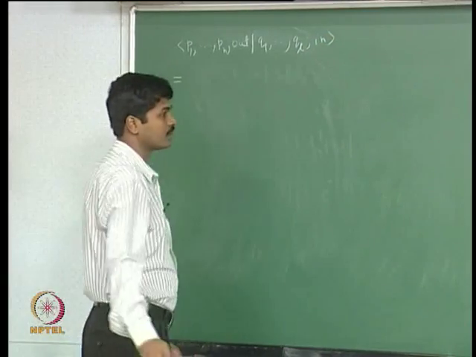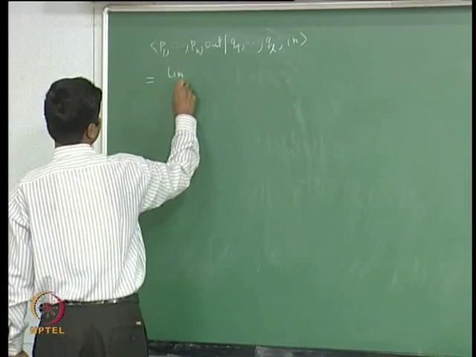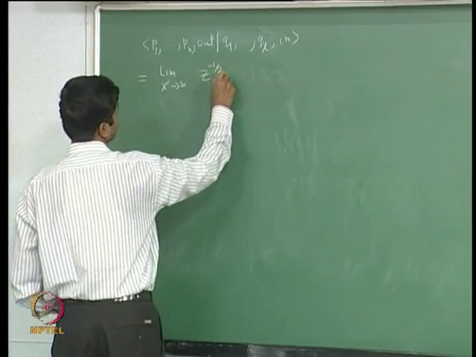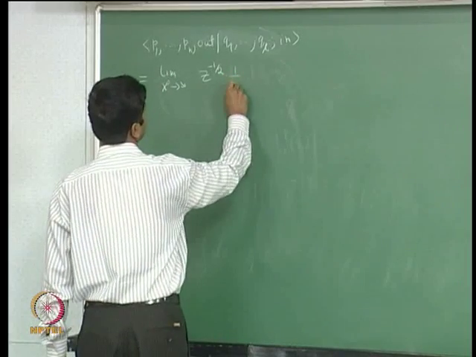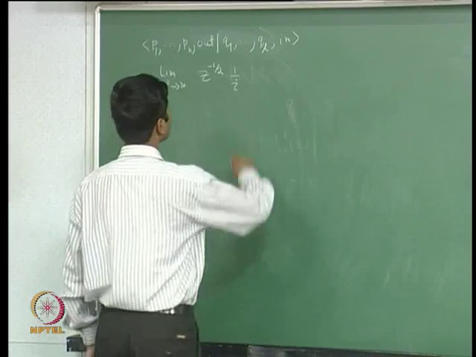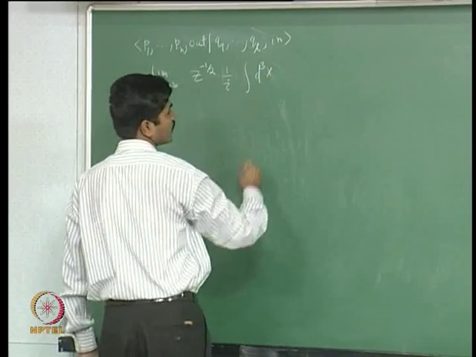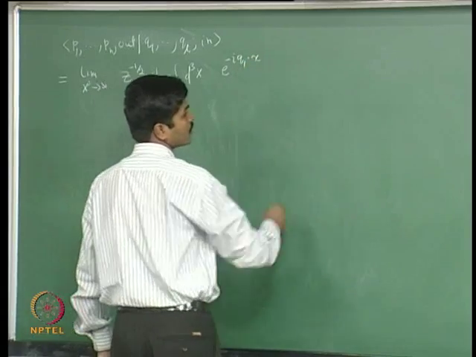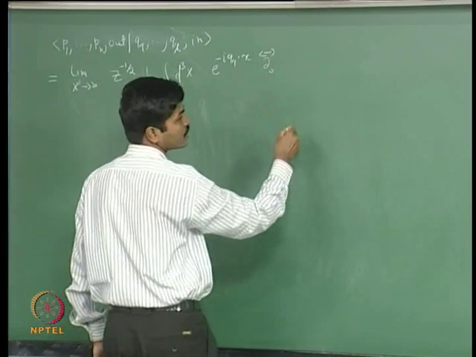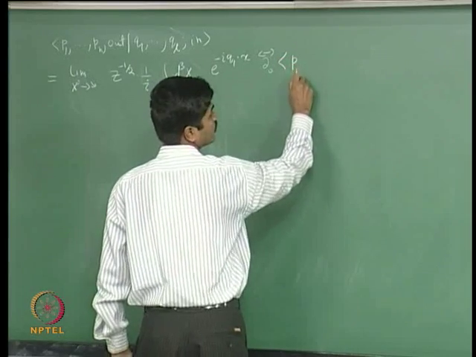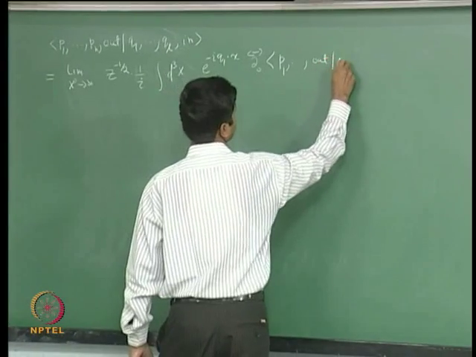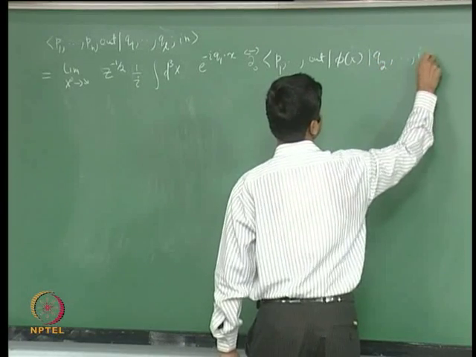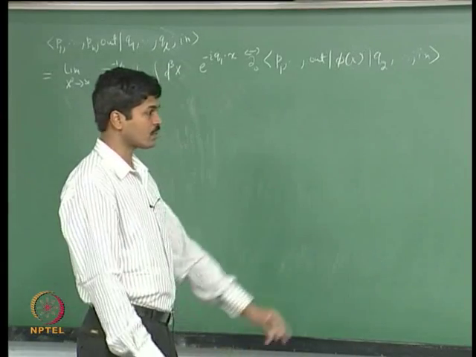This is equal to this quantity, limit x 0 tends to infinity, z to the power minus half, 1 over i, d cube x, e to the power minus i q1 dot x del 0 p1 up to pn out phi of x q2 ... ql in, minus this quantity here.